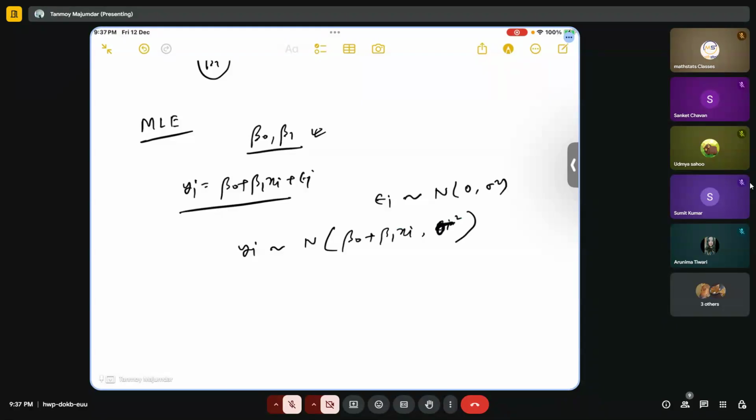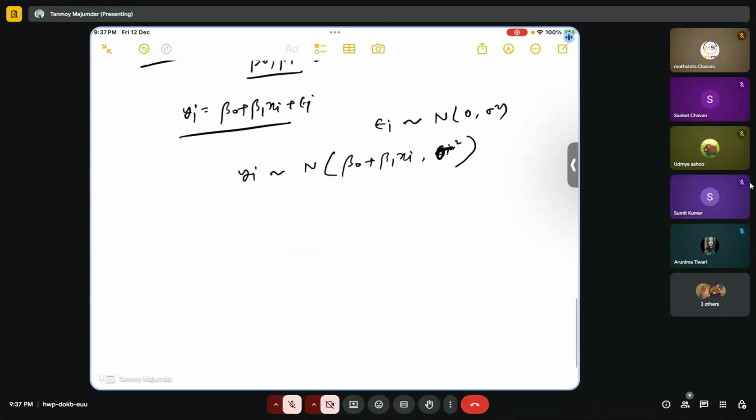Here we are considering beta naught plus beta 1 xi as a constant with respect to the error epsilon, because we have already seen that there is no relationship between the error and the estimates of beta naught and beta 1; the covariance was 0, so we can easily get that. So now yi follows normal with mean beta naught plus beta 1 xi and variance sigma square.